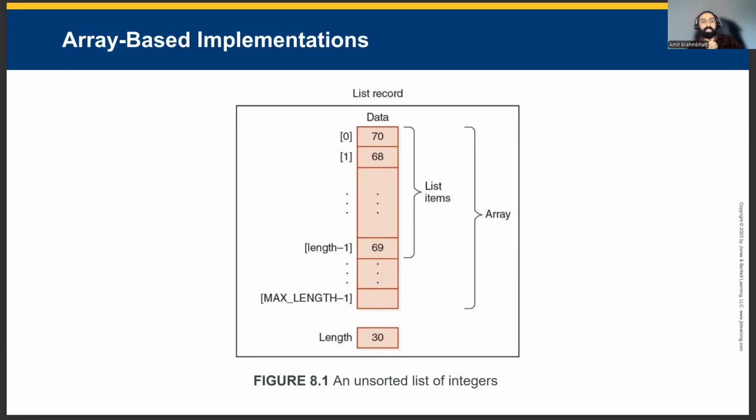However, operations like insertion or deletion can require shifting elements, which may be time-consuming depending on the list size. Unsorted lists are simple to maintain because new items can be placed at the end without worrying about order, but searching becomes slower. This layout gives us a clear visual of how array-based lists maintain structure.